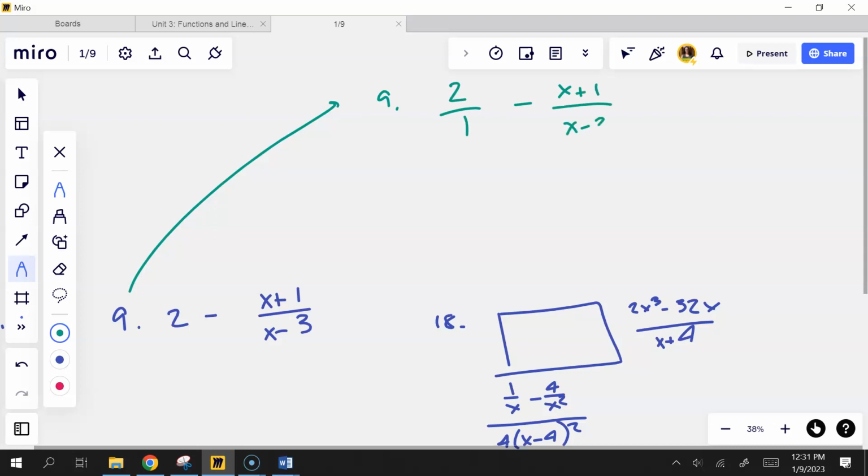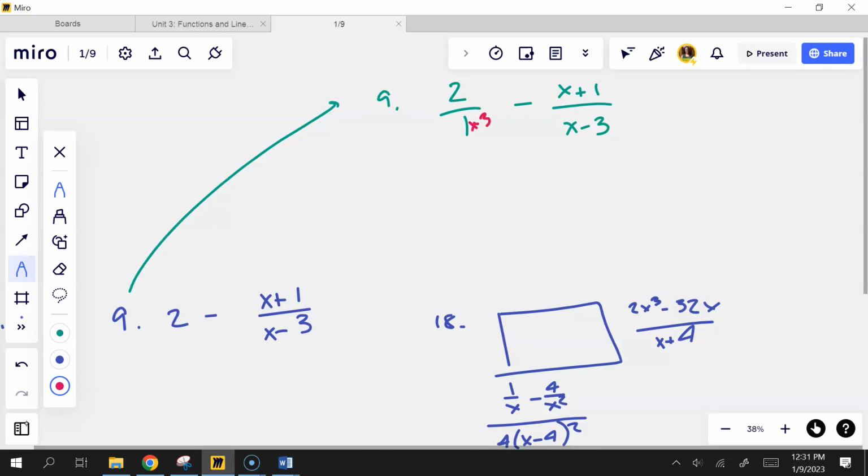Everything's factored, so I don't need to factor anymore. All right. So everything's factored completely. What's my LCD? X minus 3. That's exactly right.